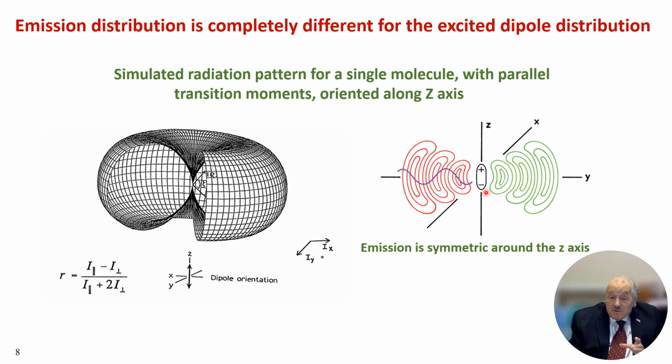The molecule is radiating out perpendicular to the transition moment in all directions around the z-axis. So you should not confuse the barbell structure I showed you previously, which is the excitation-induced pattern, with the emission that occurs from a particular dipole, which occurs in all directions.